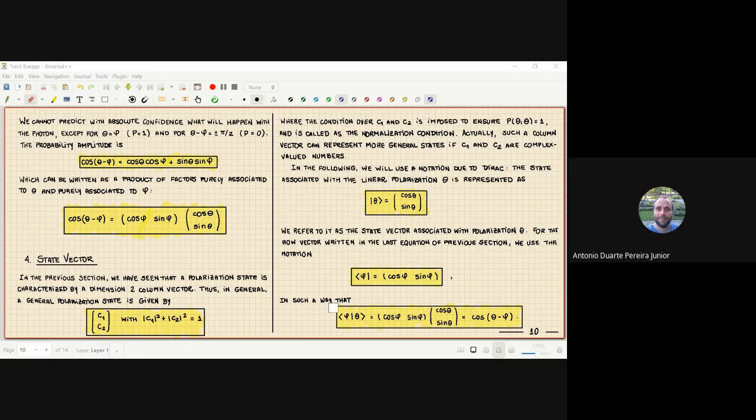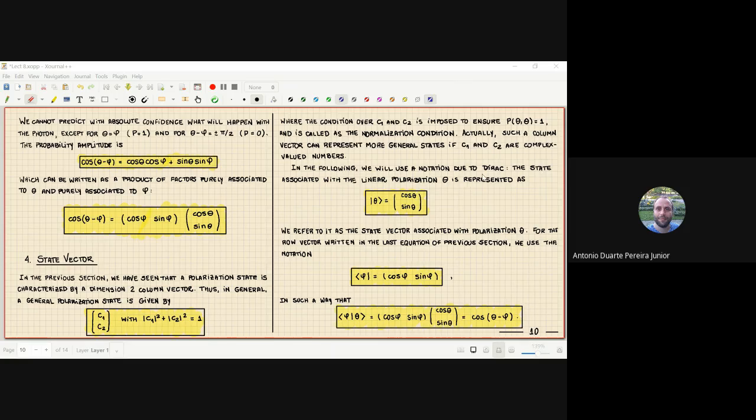So if you compute bra phi ket theta, this gives you the same result as bra theta ket phi, and there is nothing particularly special about that. But in general, a quantum system is described by complex valued vectors.